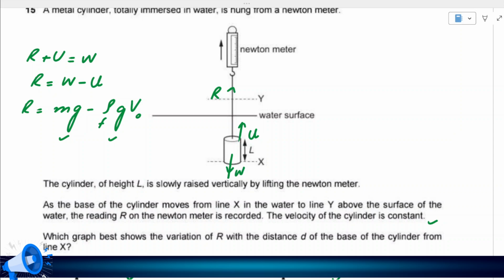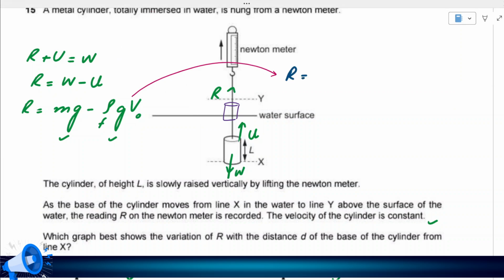Now what is the situation? Let's say now the object is somewhere over here. It's no longer completely submerged in the fluid. It's no longer completely submerged in the water. It's something like this. Now in this case, we have to improvise this formula because the volume of the object in the water has now been changed.